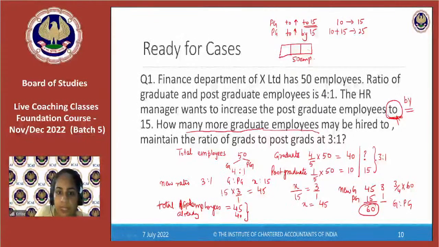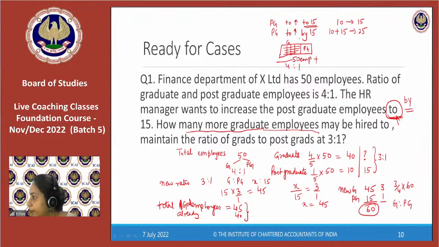Out of those 50 employees, it says 1, 2, 3, 4 are graduate and is to 1, this one is postgraduate. So when I have total of 50, the ratio is 4:1. I need to calculate how many graduate and how many postgraduate.